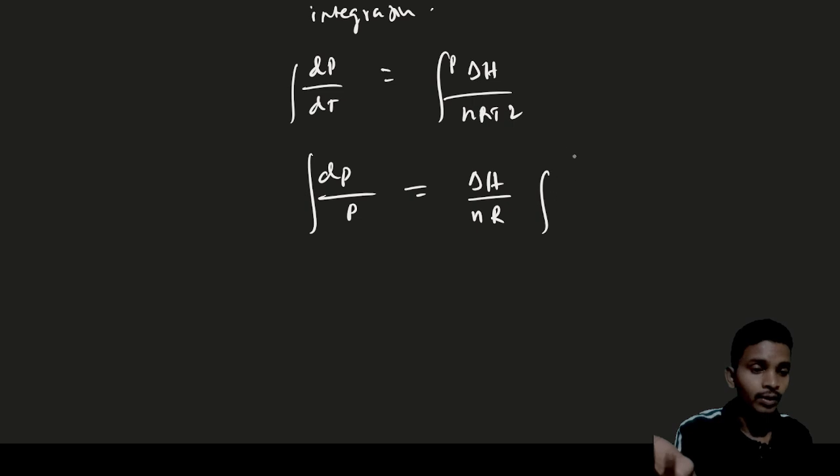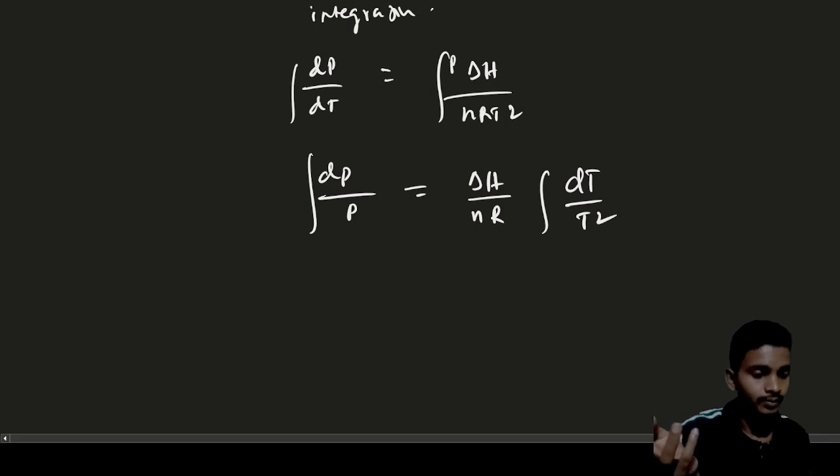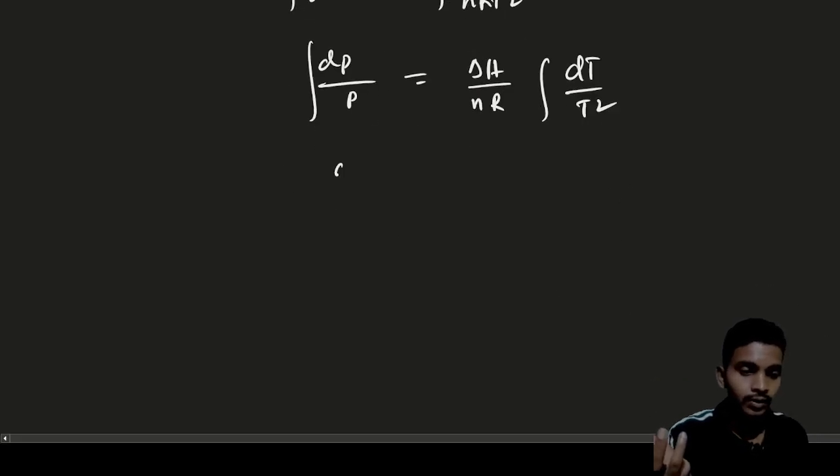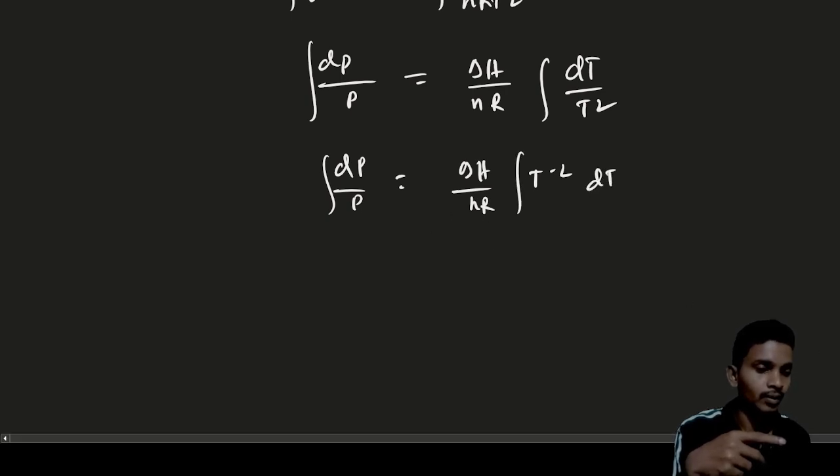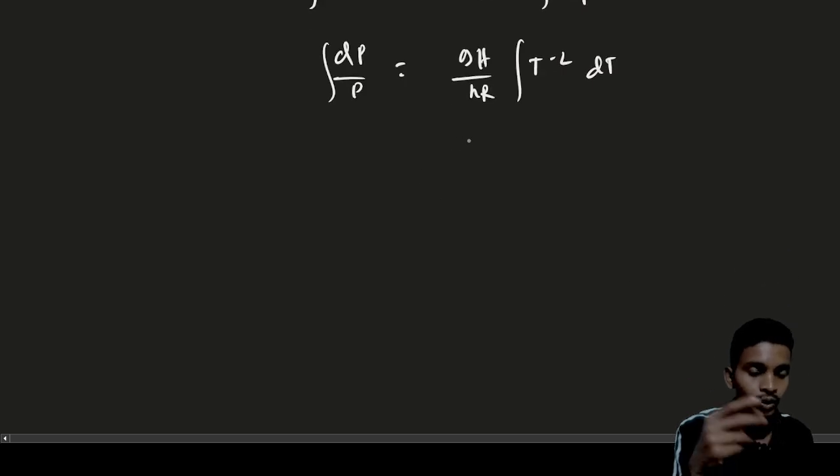Then T I will take here, dT/T². So this will become dP/P, and I write ΔH/nR, this 1/T² I can write as T to the power minus 2 dT.